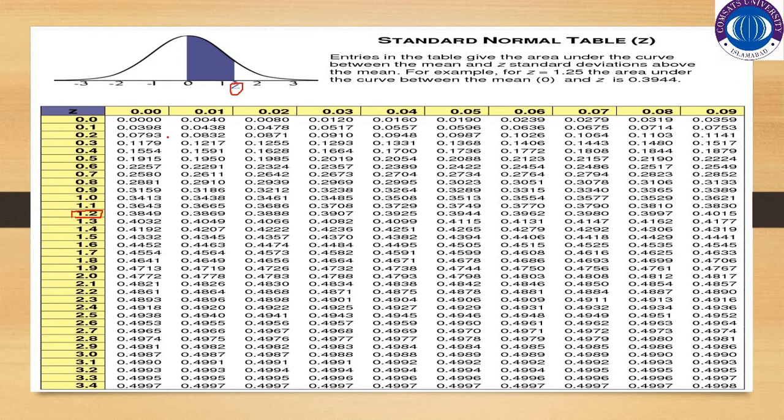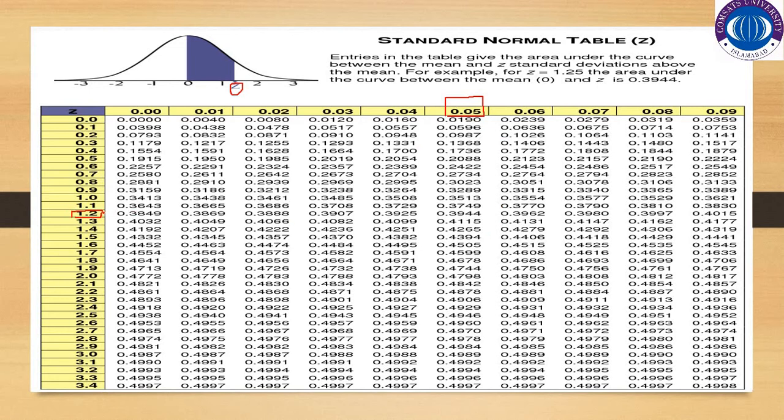This one is 1.2 and this one is 5, so 1.25. If you search in this column, it will be 1.20. If you search in this column, it will be 1.21. And if you search in this column, it will be 1.25.